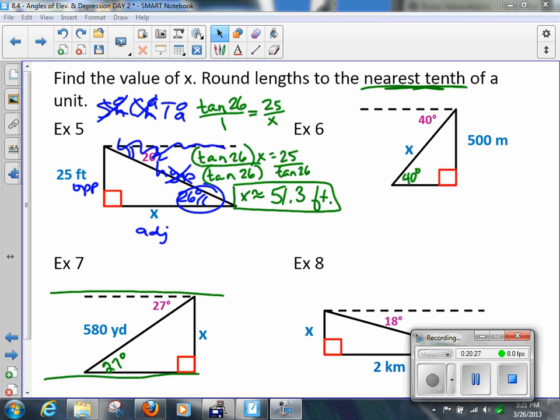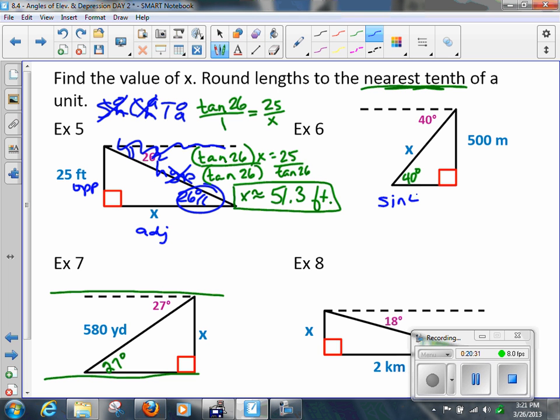What do we get? Let's see here. Did you have sine of 40 over 1 is equal to 500 over x for number 6? And then did you have 671 meters?